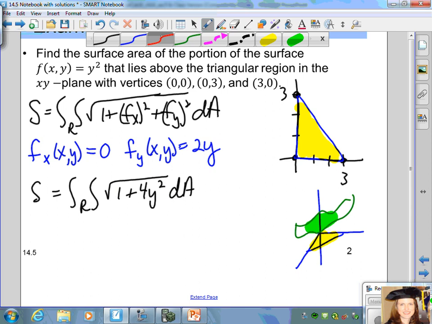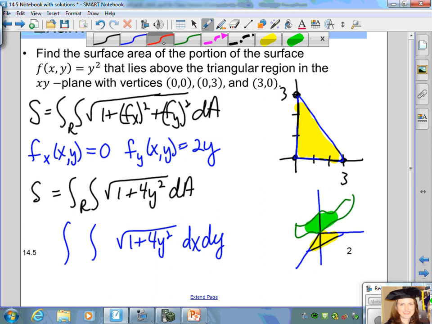So that's my approach here. Otherwise, if dy was first, we would have to use an advanced integration technique, probably trig substitution.